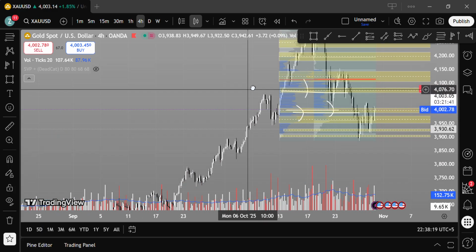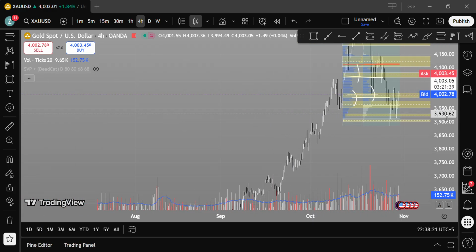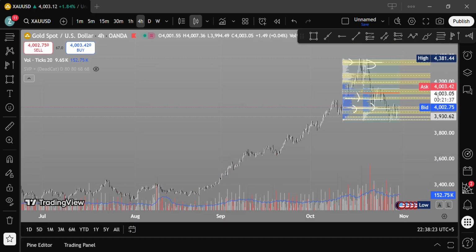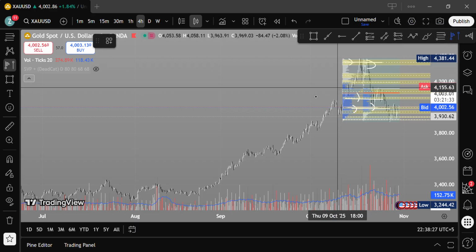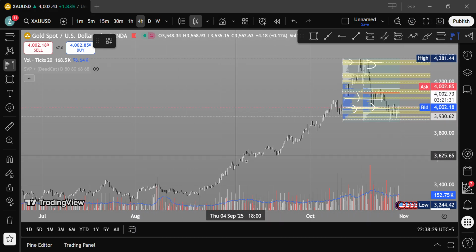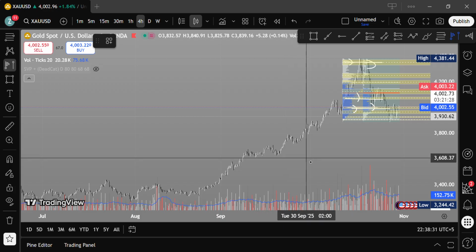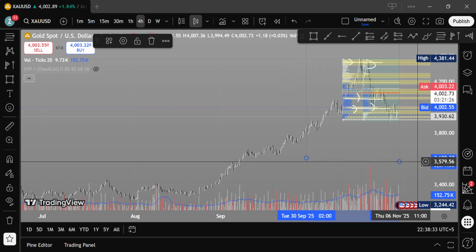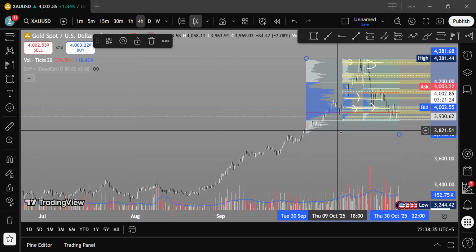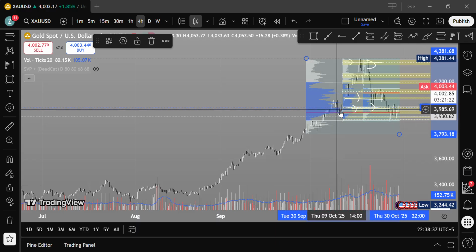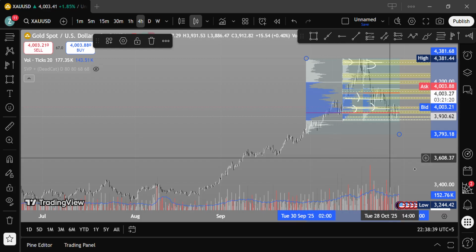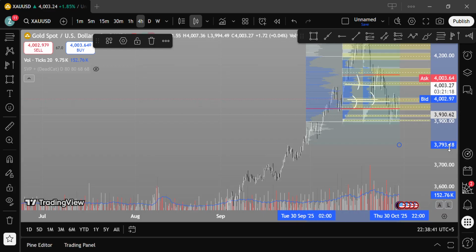Right now, if I were to be honest, if I just plot another volume profile for the whole month of October, from the very start of October to the present day, what do you see? We see this accumulation point, right?